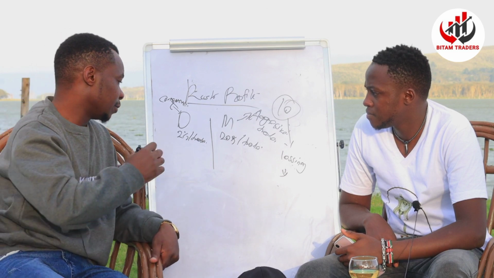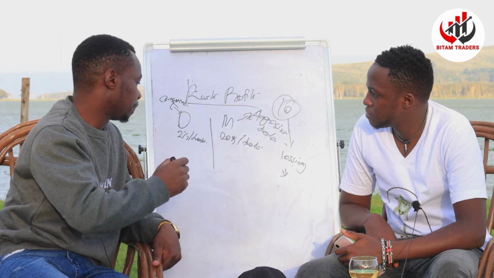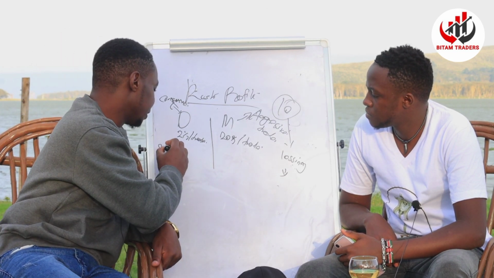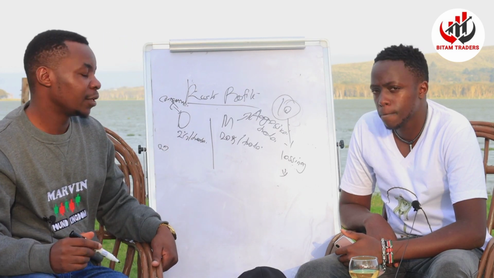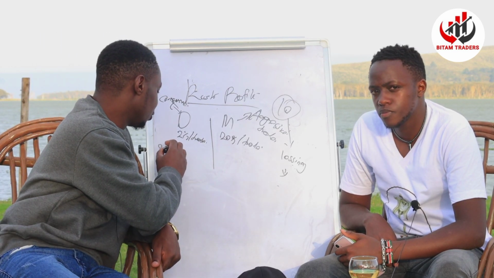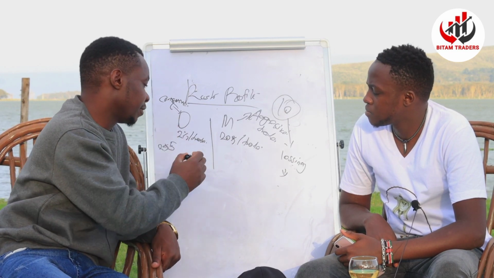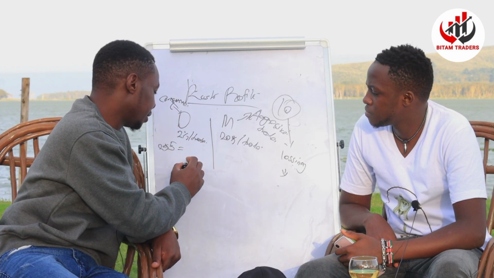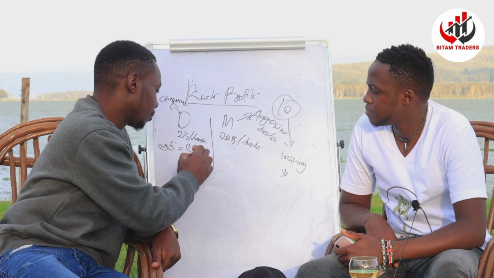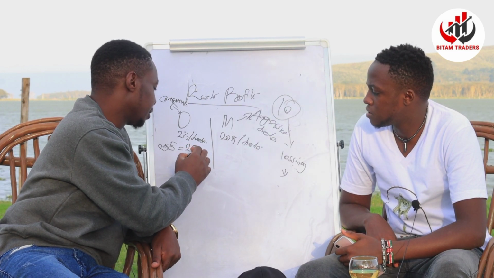So this person risking 2%, you multiply by 5. Risking 2%, multiplied by 5. How many percent? 10. Sorry, 10.